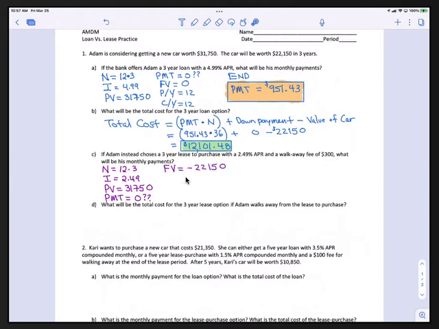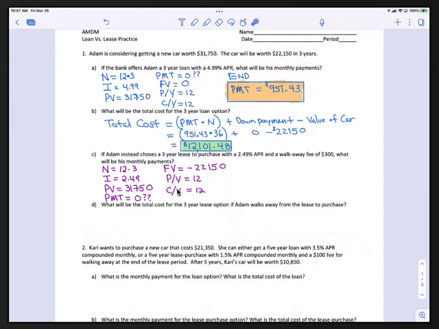The future value is going to be the value of the car at the end of the 3 years. That is negative $22,150. It's negative because you are returning the car, so you are losing the potential value that the car is worth. So that's negative $22,150.